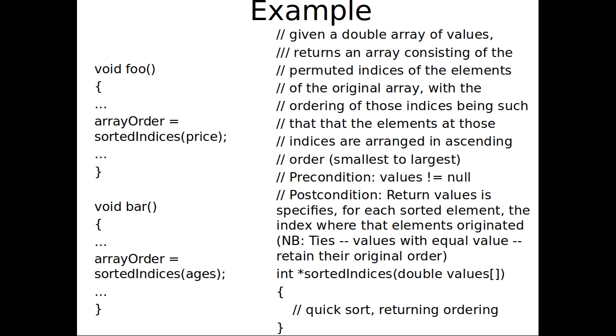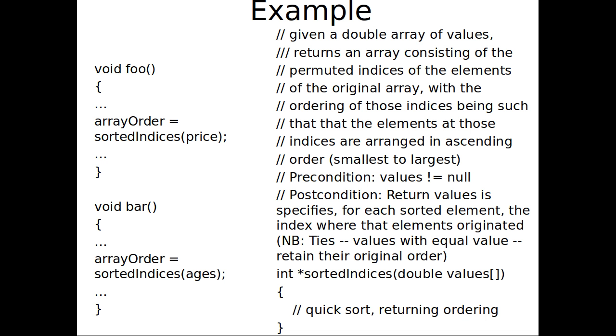So here it says, given a double array of values, returns an array consisting of permuted indices of the elements of the original array, with the ordering of these indices being such that the elements at those indices are arranged in ascending order, smallest to largest. So the precondition is that values cannot be null. You can't pass it a null value and expect it to do its job.